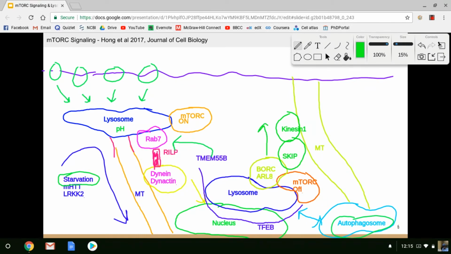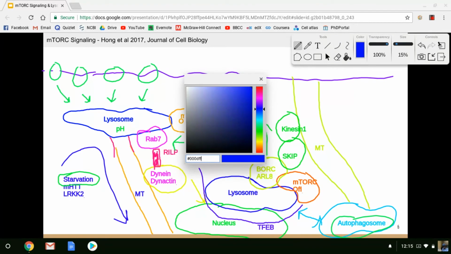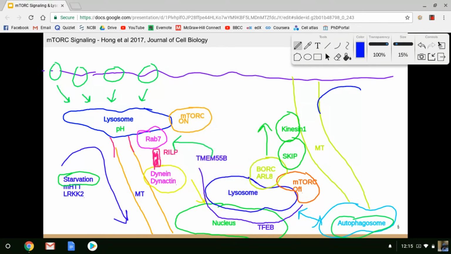And this allows the anterograde movement of lysosomes. And once our lysosomes get to the periphery of the cell, mTORC eventually ends up getting activated because of where it's located.